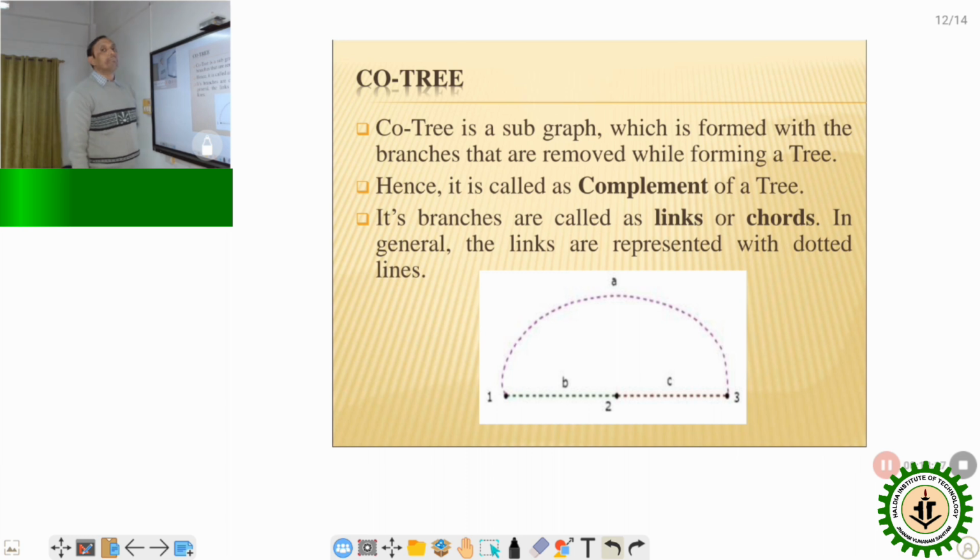The branches present inside the core tree are called links or chords. In general, the links are represented with dotted lines. So the branches of the core tree are represented by dotted lines, and they are known as links or chords.